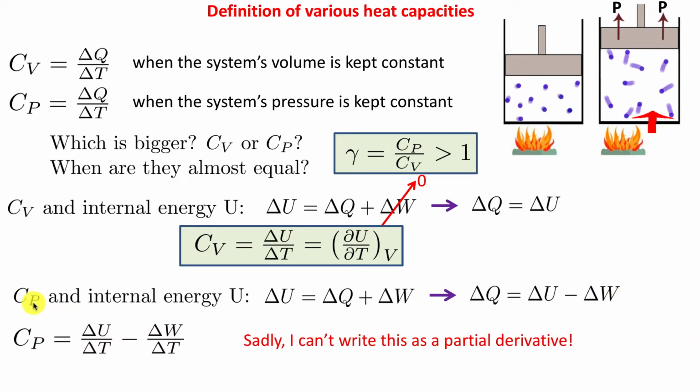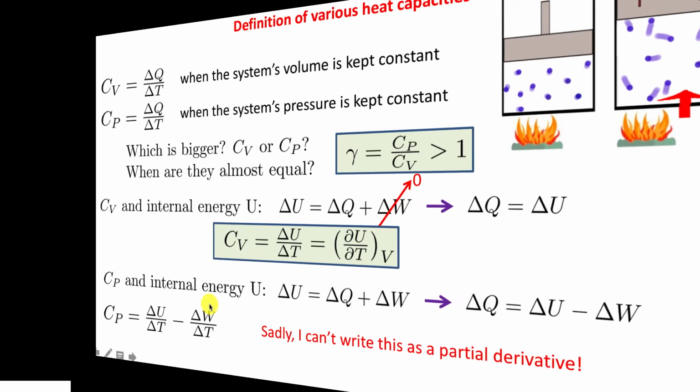So, of course, then Cp just becomes, when you divide by delta T, delta Q over delta T, and delta Q is just this, so you divide this by delta T, and delta U by delta T minus delta W by delta T is what? Is Cp. So we have an expression for Cp over here, just like we had an expression for Cv over here. But in this case, I could write this as a partial derivative. Here I cannot, because W is not a state function. I don't know how to differentiate W.